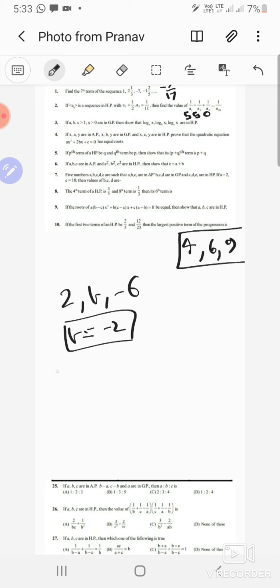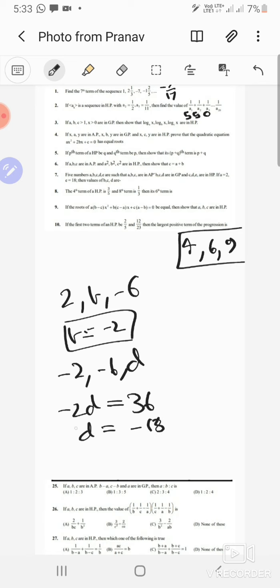And then you have B, C, D, which is B, minus 6. So B is just minus 2 in this case. Minus 2, minus 6 and D, these are in a geometric progression, which means that minus 2D equals 36. So D equals minus 18, I guess. And then you should have C, D, E, which is minus 6, minus 18, and E, which is 18.